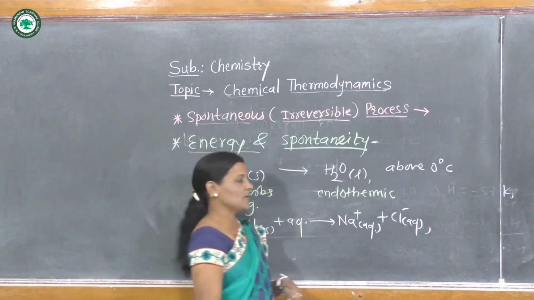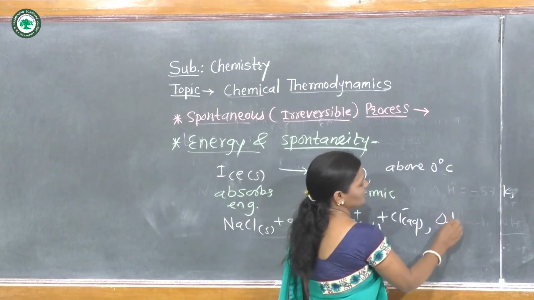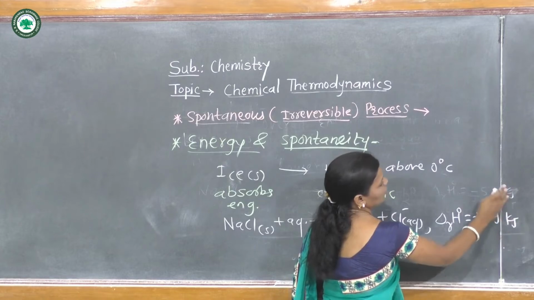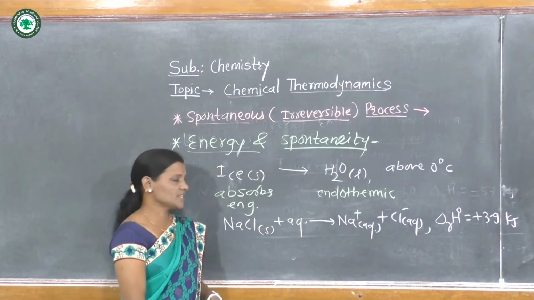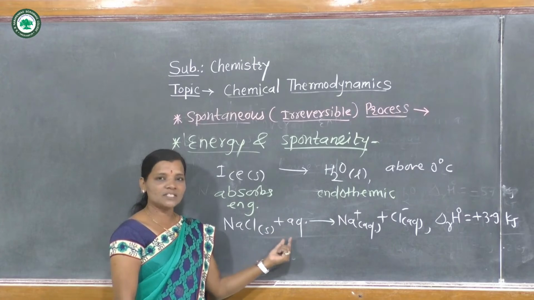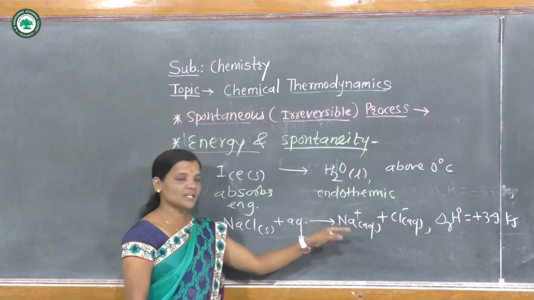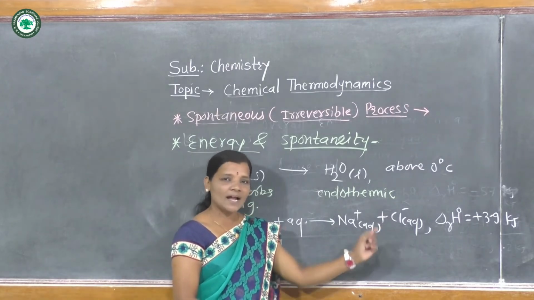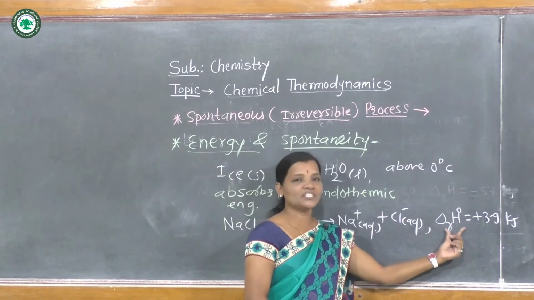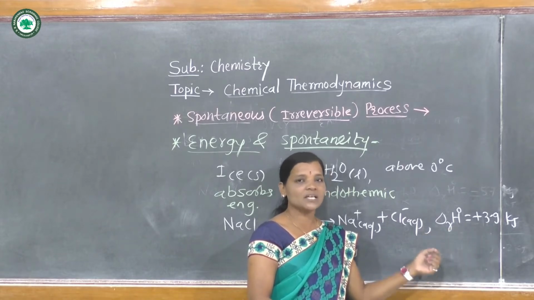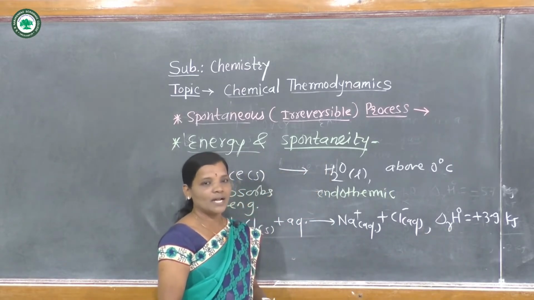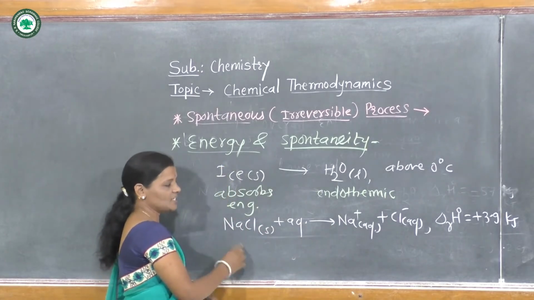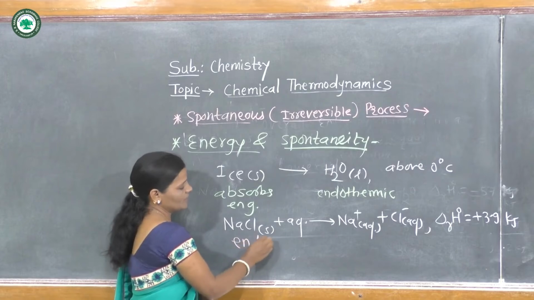In this reaction, the enthalpy change is found to be plus 3.9 kilojoule. The reaction takes place spontaneously, and ion separation takes place. The enthalpy change value indicates that this reaction is also an endothermic reaction.